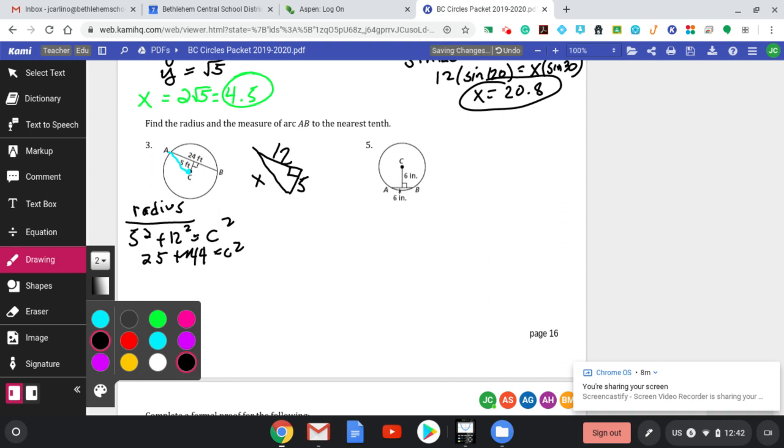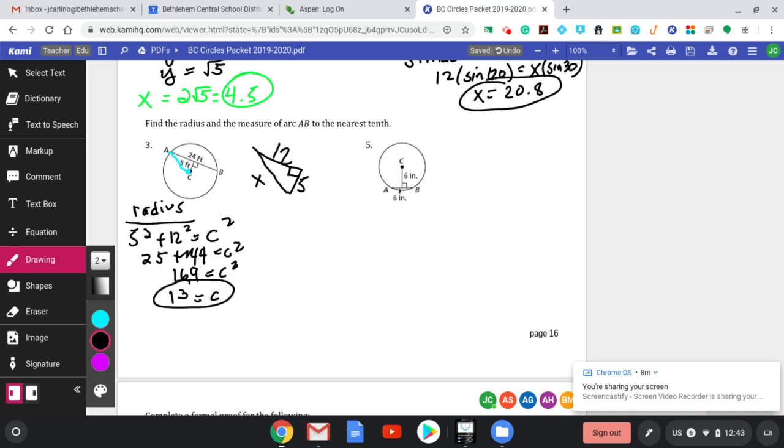What do I have there? 169 equal to c squared. So the radius should be 13. Okay, 13. All right, here you go. What's up next here? Now we got to find arc AB, measure of arc AB.